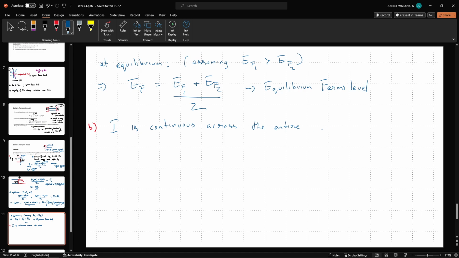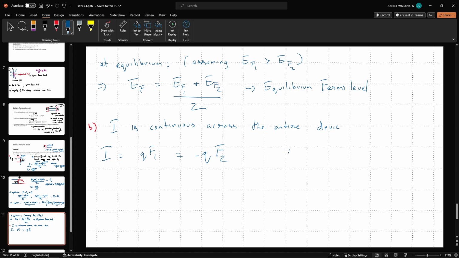Current cannot have any discontinuities. So in that case, what we can simply say is the current I is either QF1 or it is minus QF2. It is the rate at which charge is entering into the channel or leaving from the channel.